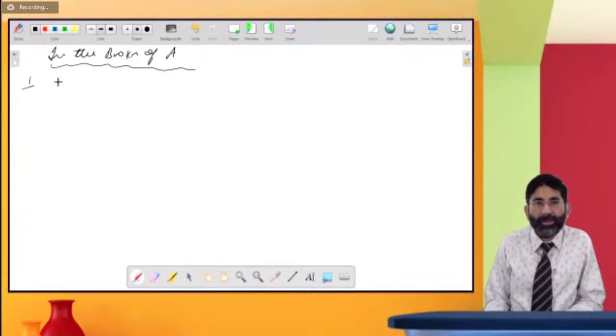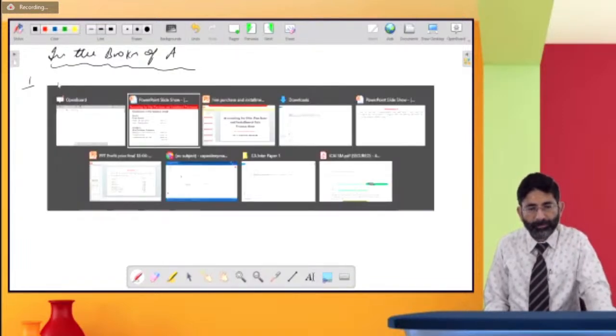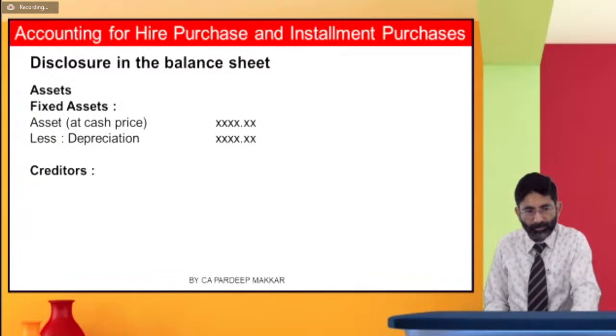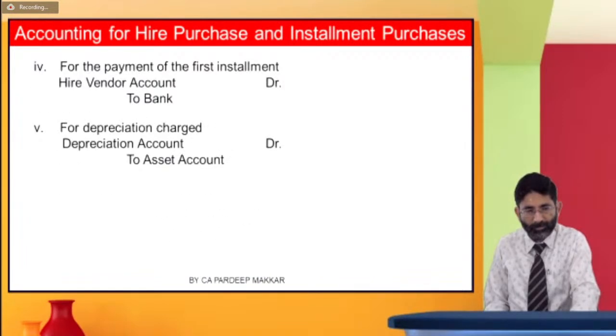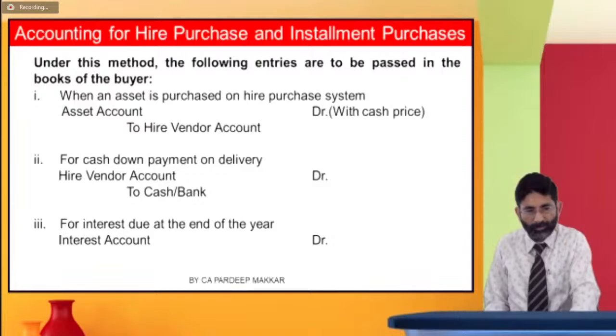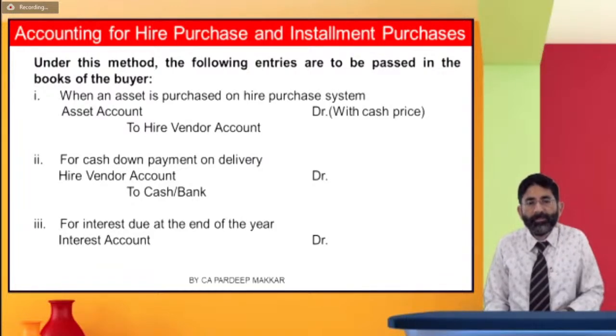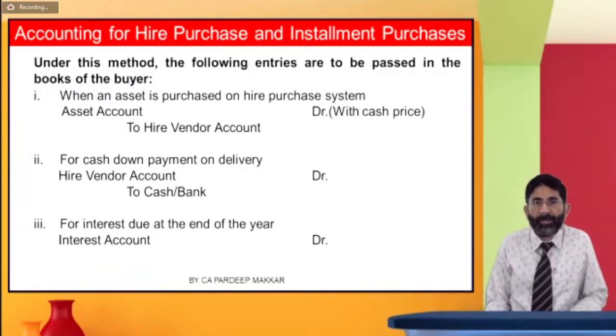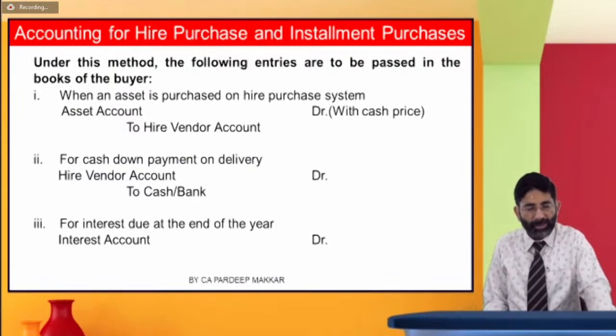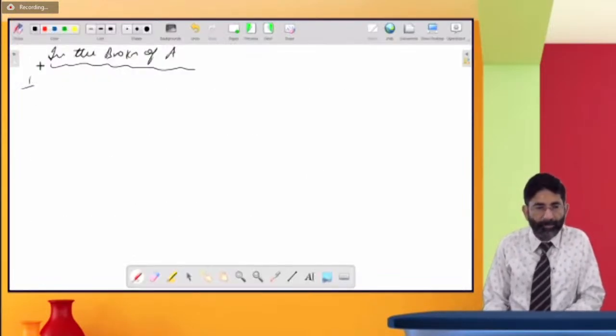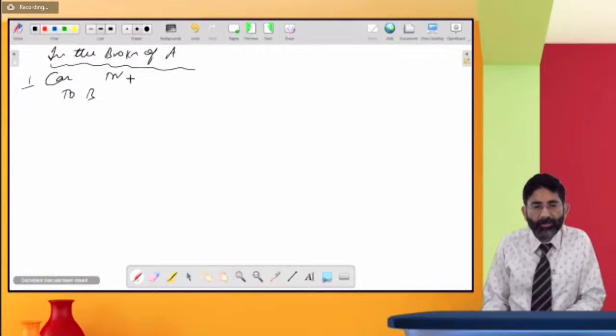The first entry will be when an asset is purchased on the hire purchase system. Then the entry will be asset account debit, which in this case means car account debit, to B, 10 lakhs rupees.